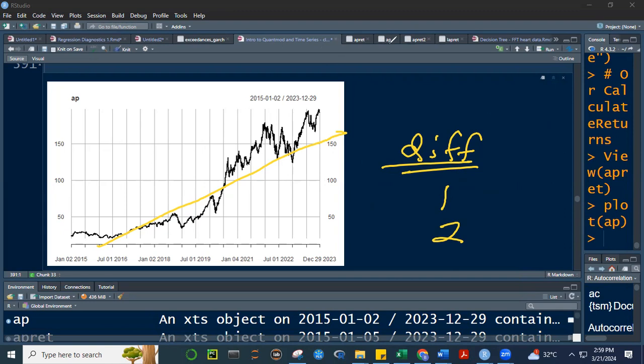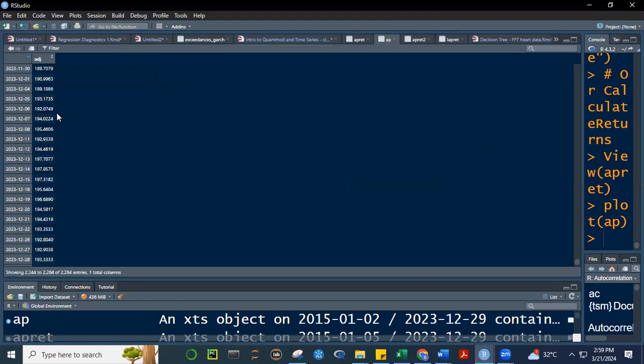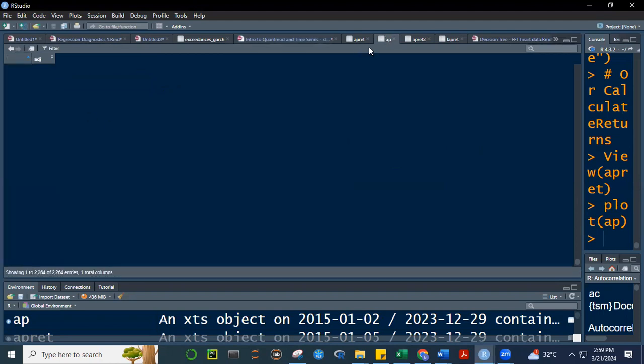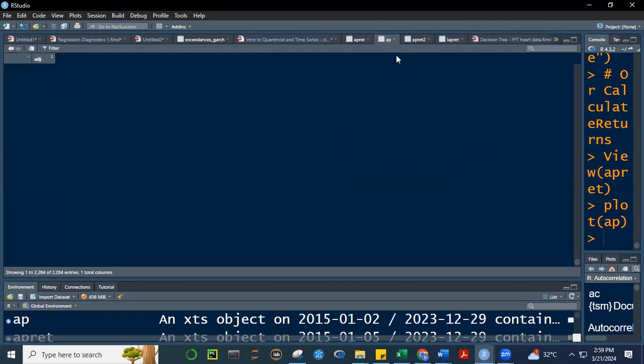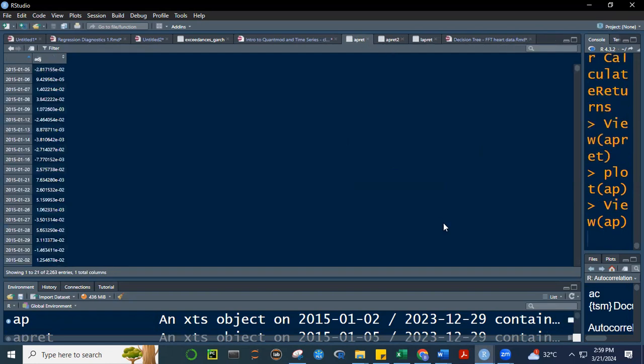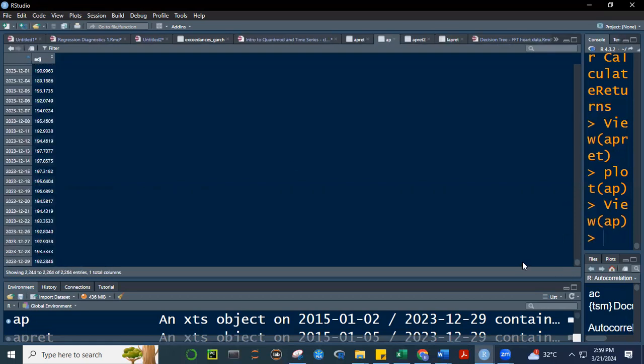If these are the prices of Apple, the first differencing is this minus this, right?